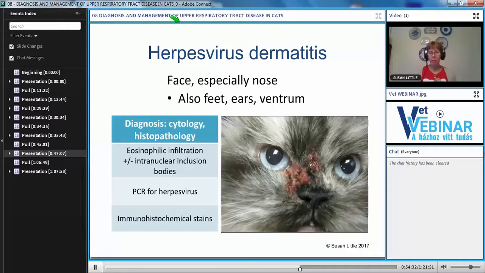But often it's just diagnosed by simply looking at the cytology and seeing a predominantly eosinophilic infiltration in those lesions. So that's herpes virus, and we're going to treat it like any other herpes virus infection. We're going to use an antiviral for those cases.